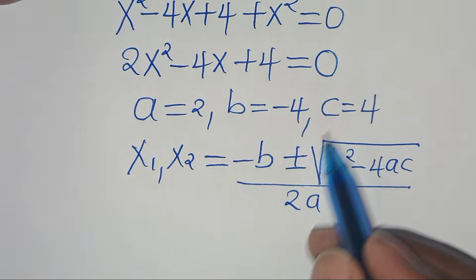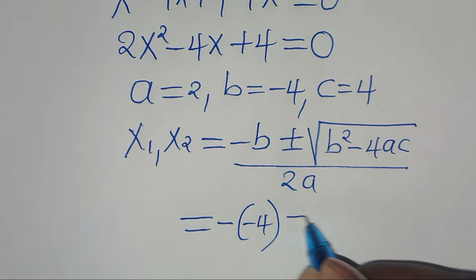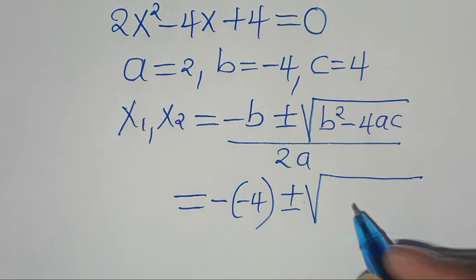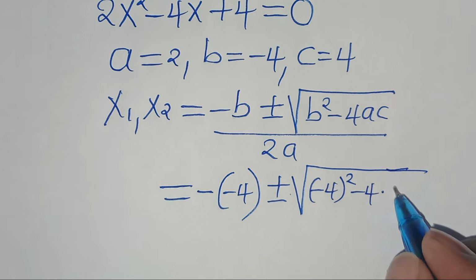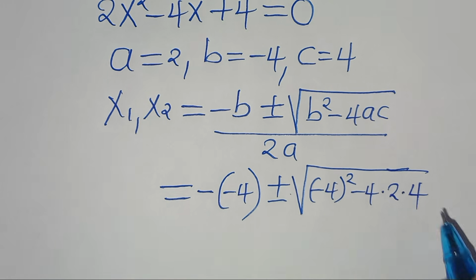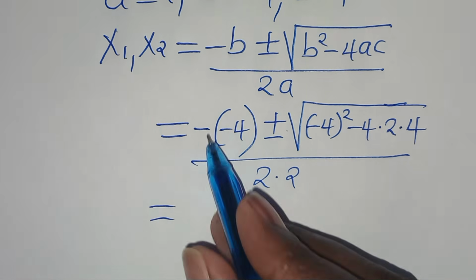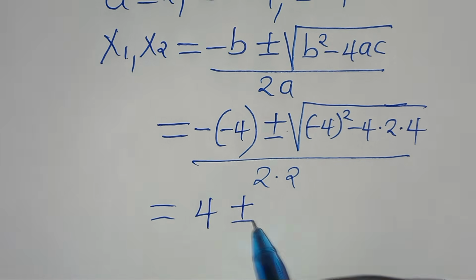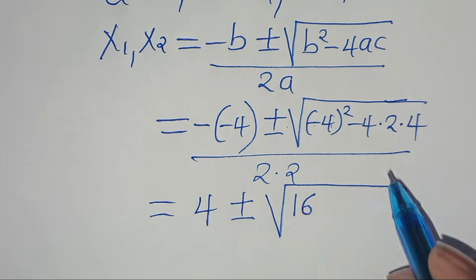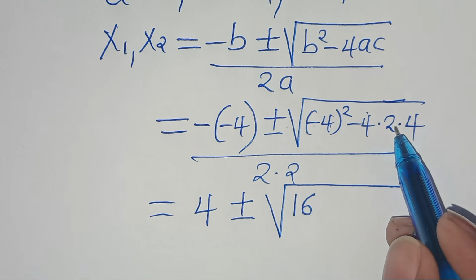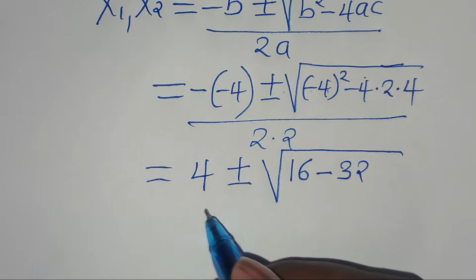Let's substitute a, b, and c, so that we have negative (-4) plus or minus the square root of (-4)^2 minus 4 multiplied by 2, then times 4, divided by 2 times 2. So minus times minus 4 is 4, plus or minus the square root of 16 minus 32, divided by 4.